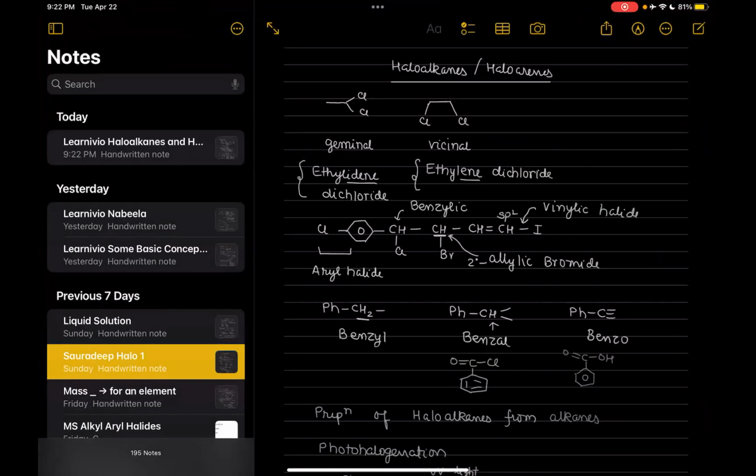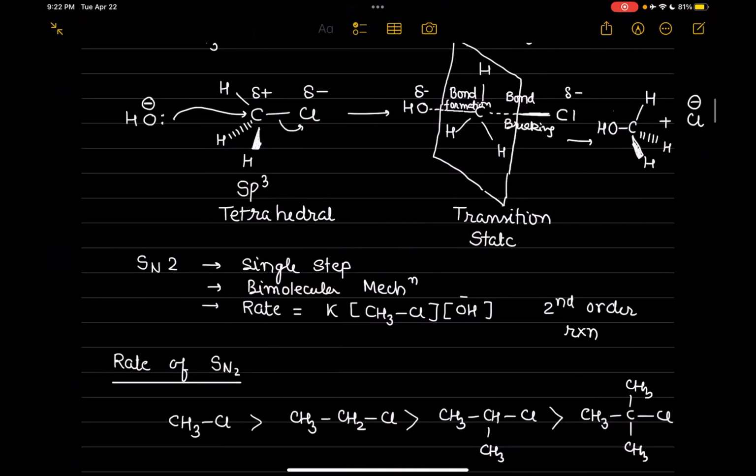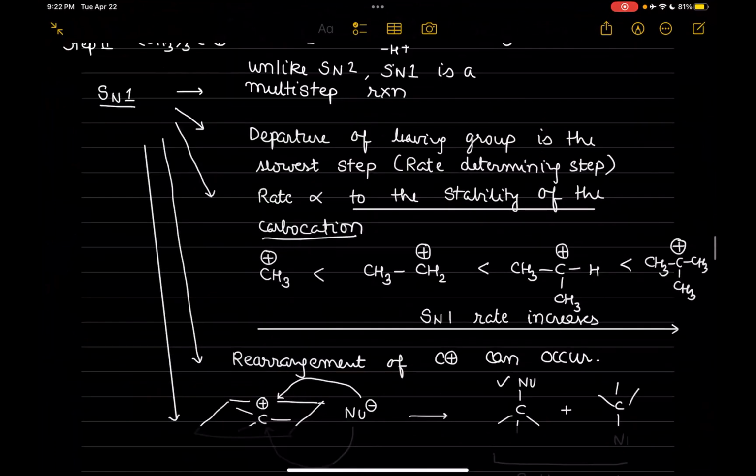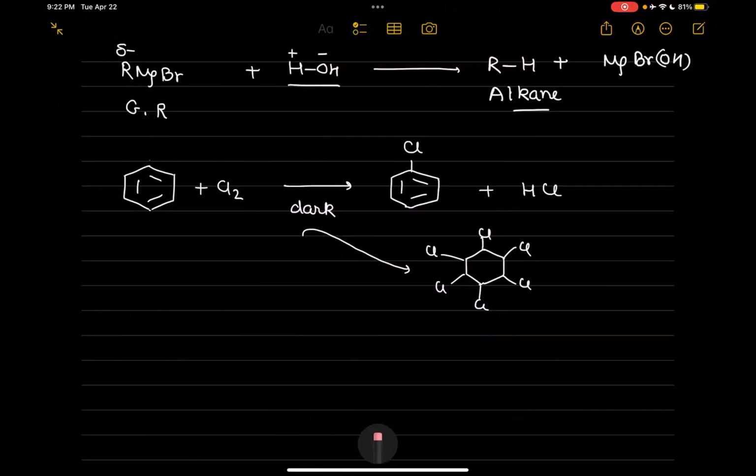So you don't take the sunlight. Sunlight you take actually in alkanes. But if you have taken dark, how is the Cl going to break? You need to take some catalyst. This is with sunlight.